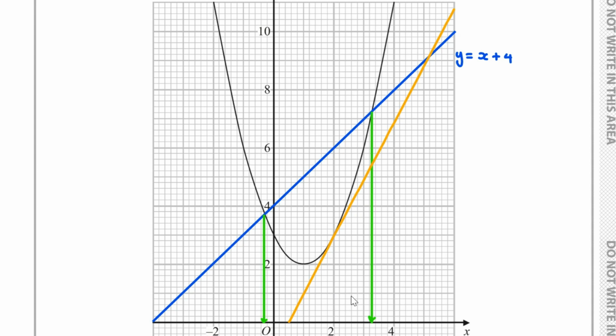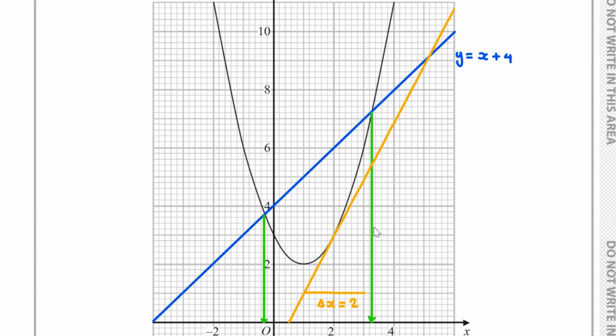If we consider a change in x, we're going from 1 to 3, so the change in x is 2.